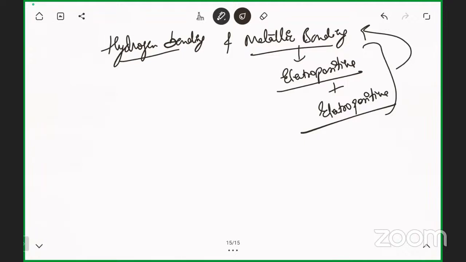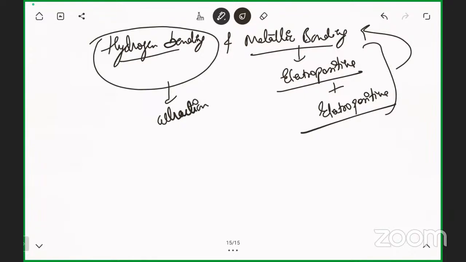But if I talk about hydrogen bond, what is hydrogen bond? Anyone can tell me? It's a sort of attraction between hydrogen and an electronegative element. I'll give you one shortcut: FON, fluorine, oxygen, nitrogen.